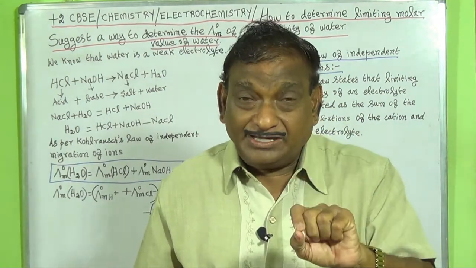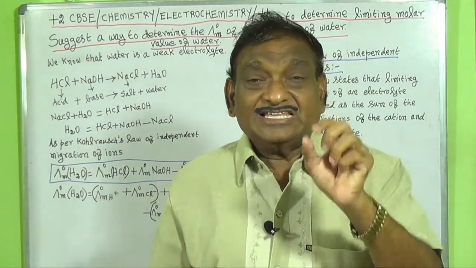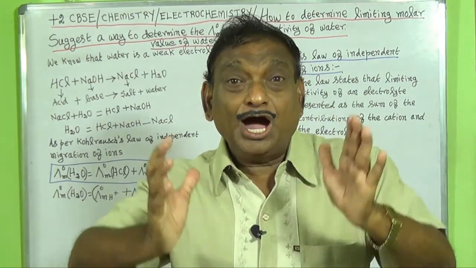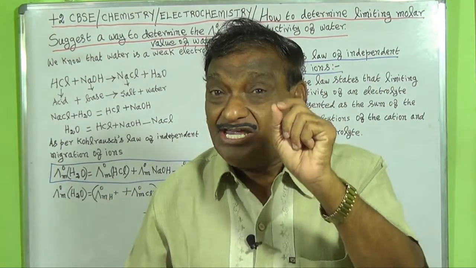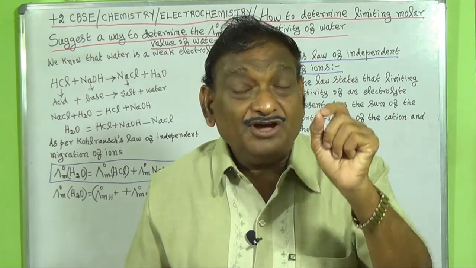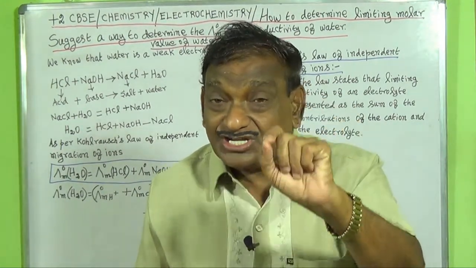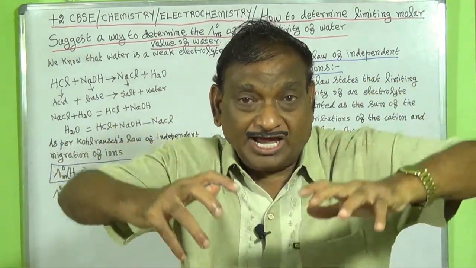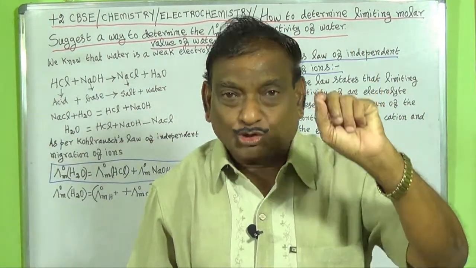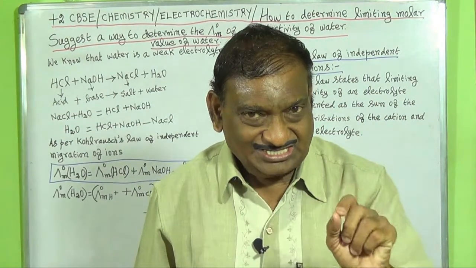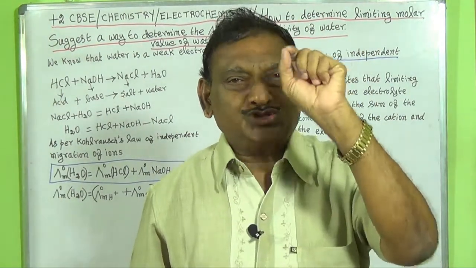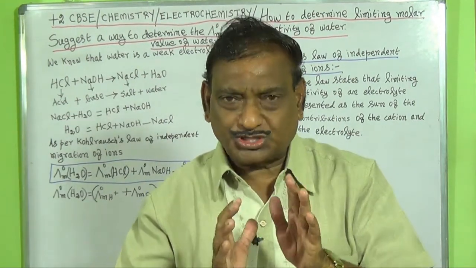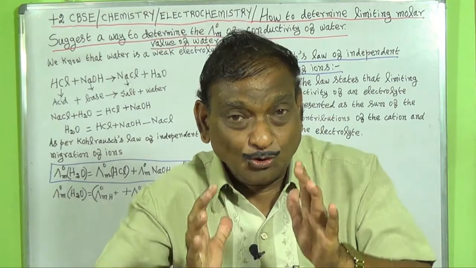We know that weak electrolytes such as acetic acid have a lower degree of dissociation at higher concentration. Note the words, at higher concentration. When we add more and more water to the weak electrolyte, that is, at infinite dilution, the concentration of the electrolytic solution becomes zero.